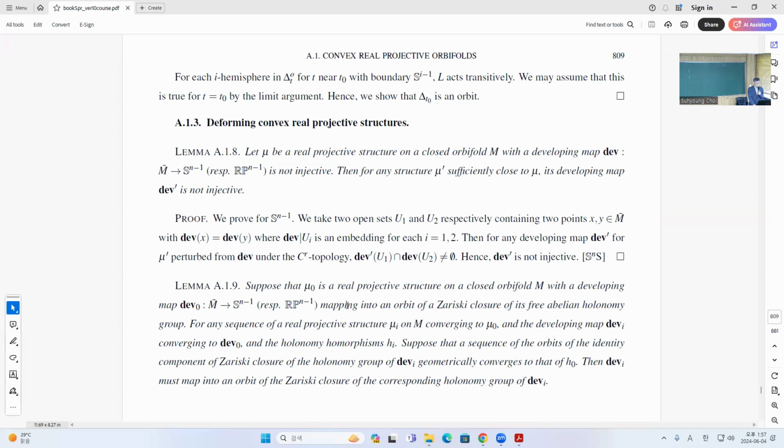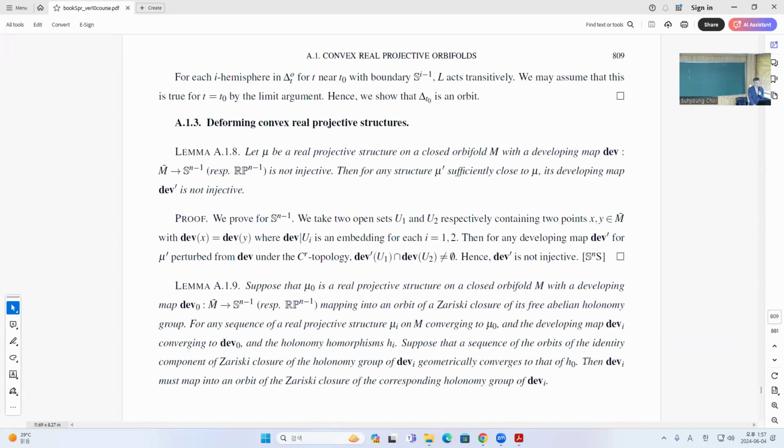So lemma 8.1.1 is that if some real projective structure mu_t converges to mu_0, and dev_0 goes into some orbit of the identity component of a Zariski closure, then this will have to converge to that.